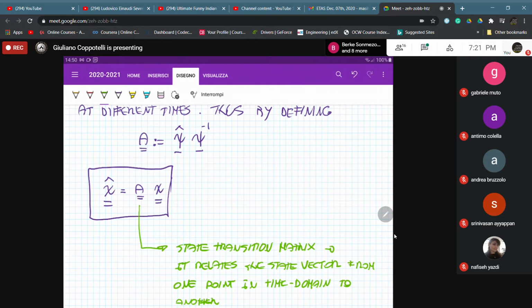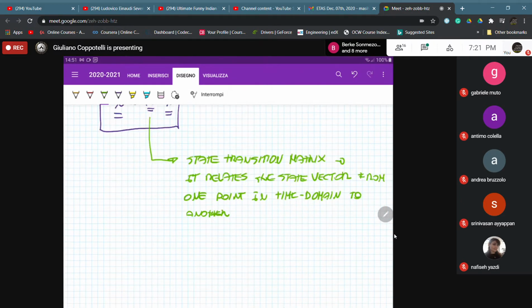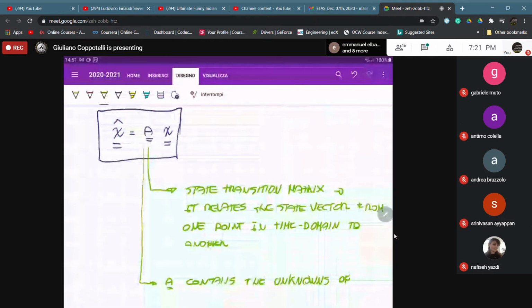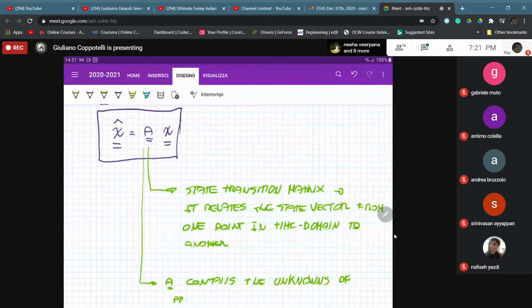And as you know, because of that, the matrix A, the state transition matrix A, also contains the unknowns of the problem that we are considering, that is, your modal parameters.